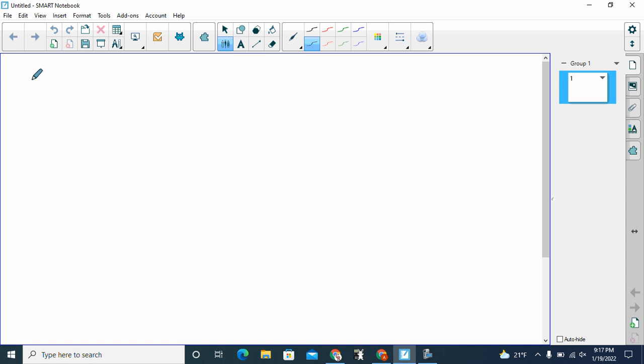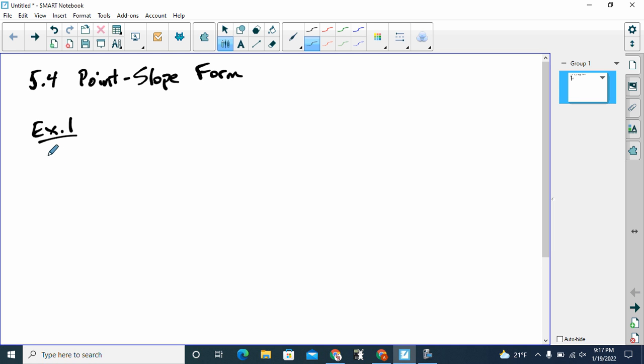So today's notes are from section 5.4. 5.4 is on point slope form. Before we get started with point slope form, we are going to start with one review question.